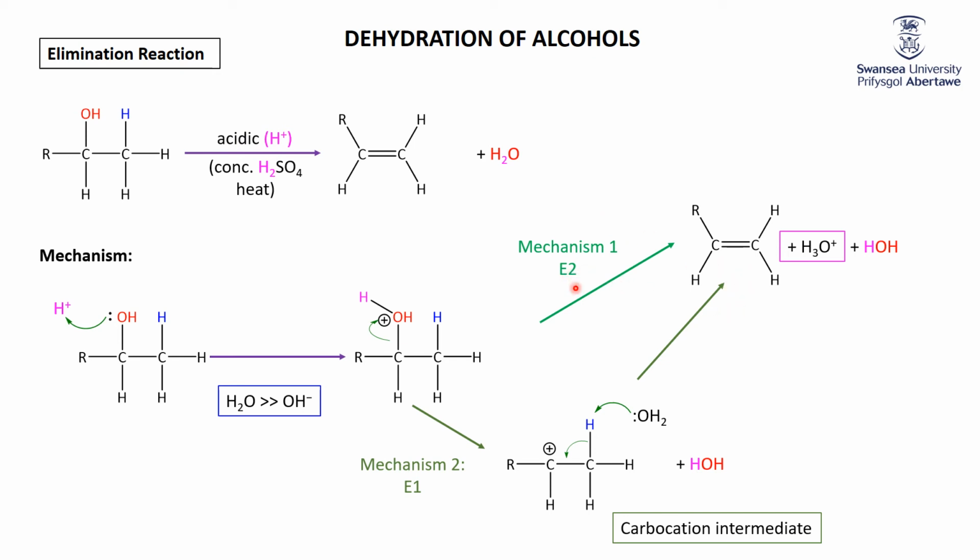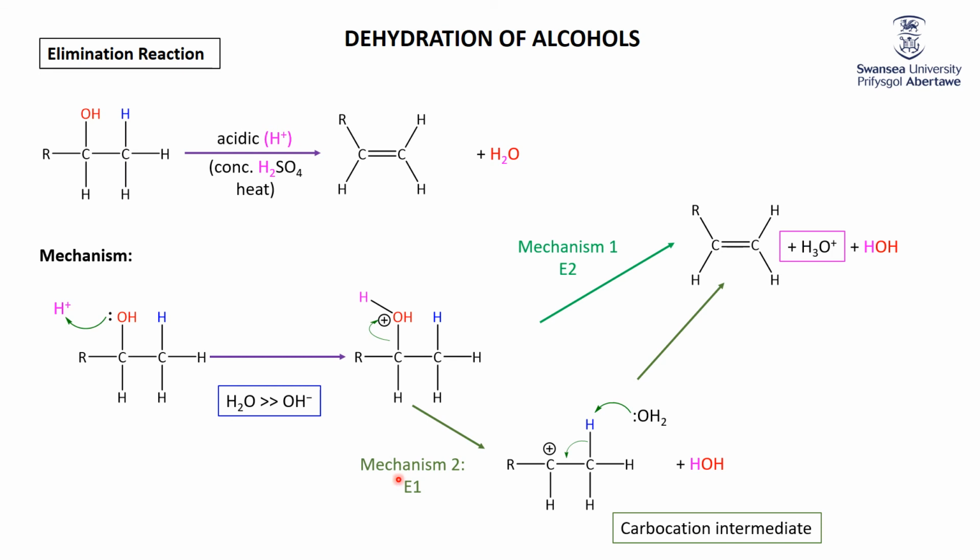One's labeled E2, one's labeled E1, and we discussed the difference between these in the extension material for the alkyl halides. Essentially it comes from the fact that if you pretend that this is your starting material, then you need both this starting material and water to come in, a two species involved reaction, so a second order elimination.